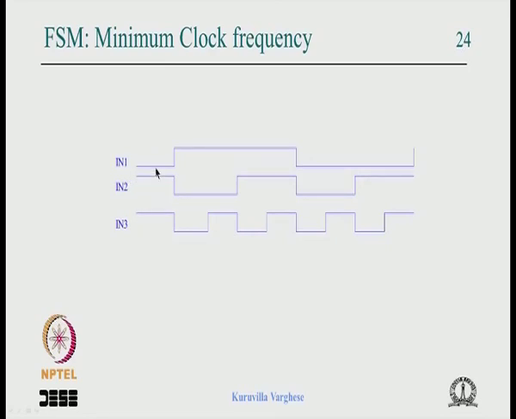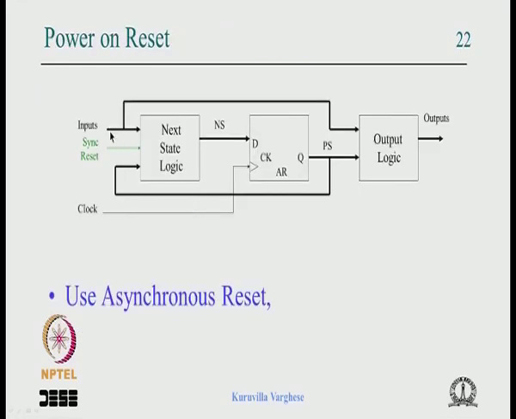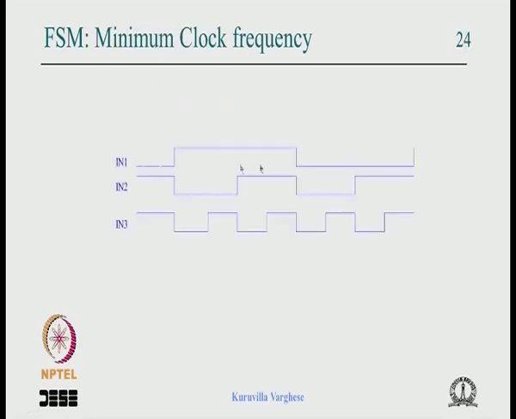Assume the data path outputs go to the input of the state machine. In this picture we have, suppose, 3 inputs in1, in2, in3 coming from some part of the data path. To understand the problem we have made it very simple and very symmetric.